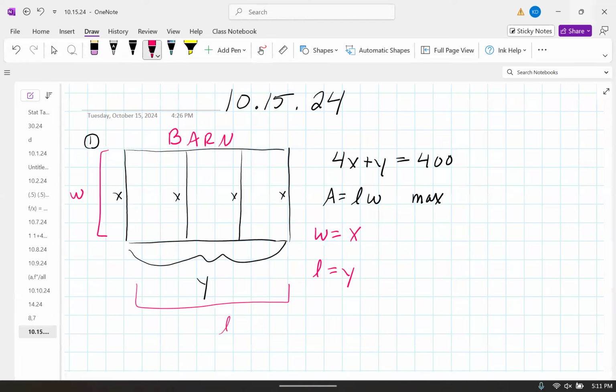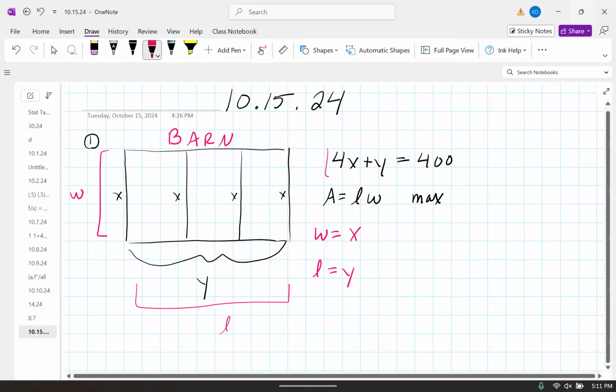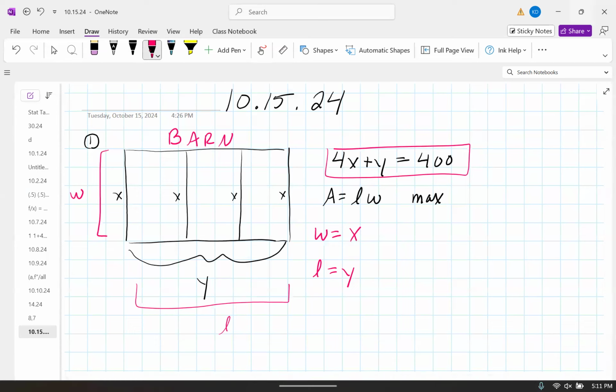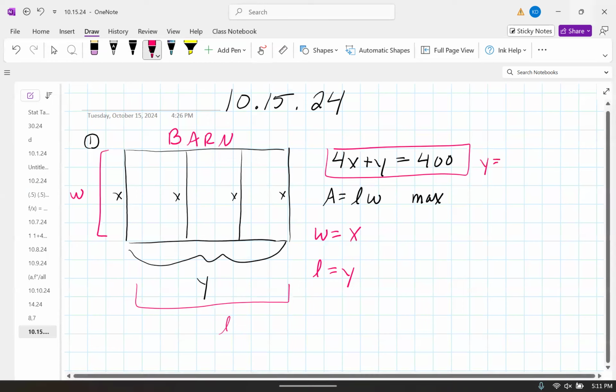So that 4X plus Y equals 400 is very important because now we can solve this for Y and we can express Y in terms of X. So this gives me Y equals negative 4X plus 400.